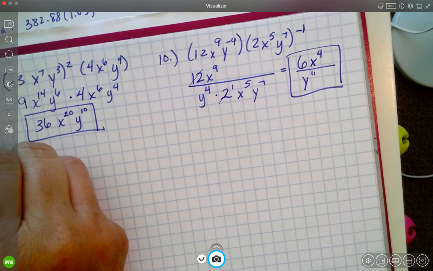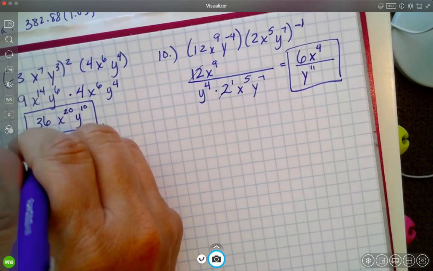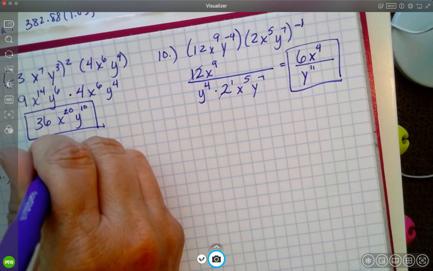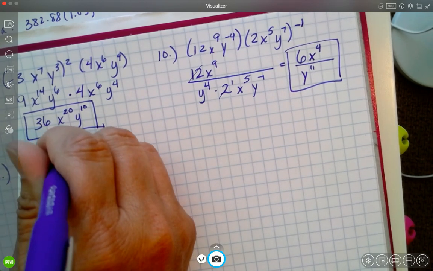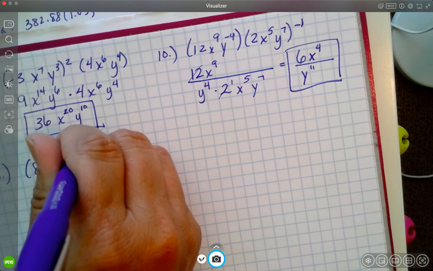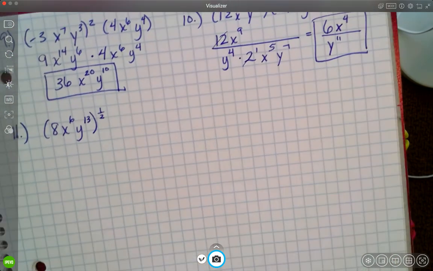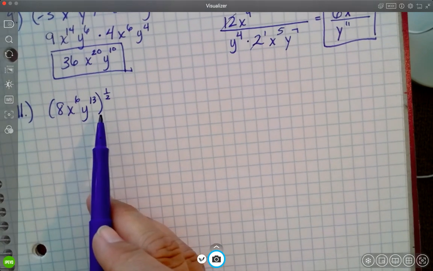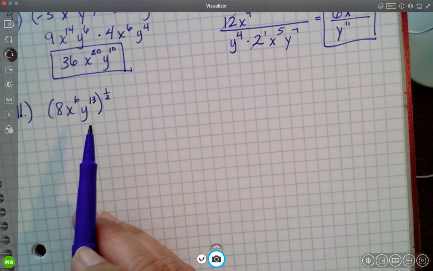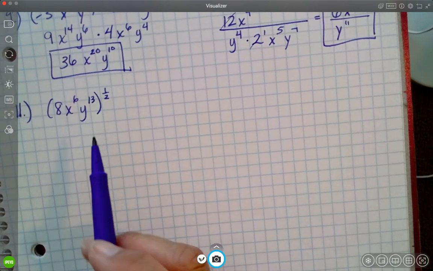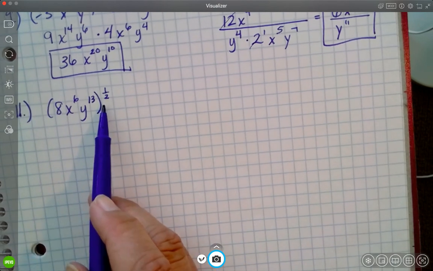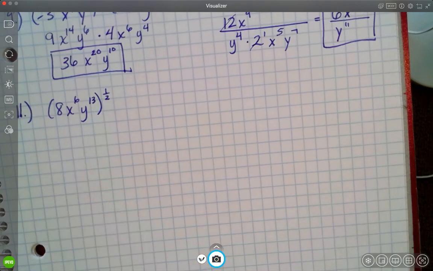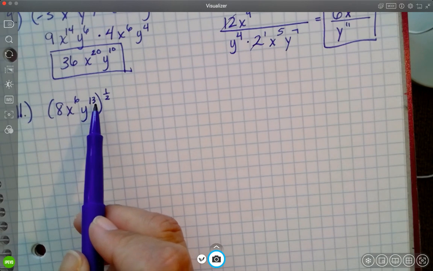Okay, 11. So 11 is 8 x to the 6th, y to the 13th, and then it's taken to the 1/2. Okay, this is where we didn't do these rational exponents in the honors. So you've got to think about the rules, and I would change this to radicals, or you can actually work with it right now and then change it.